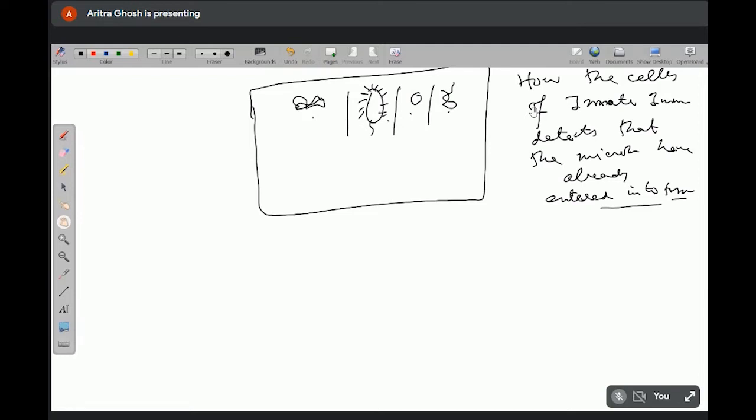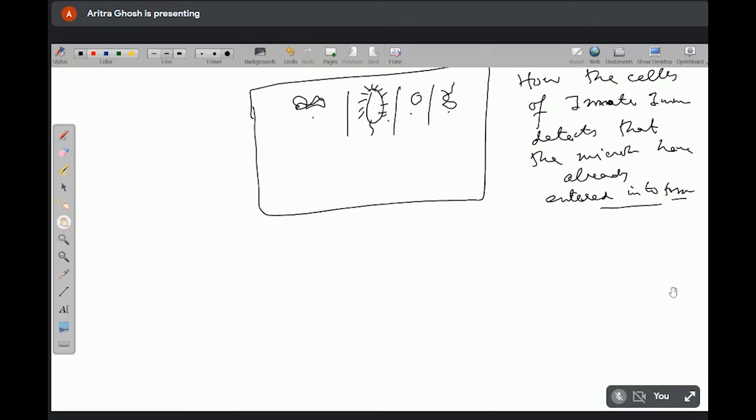Now these spiky molecules are specially named PAMPs. What is this? This is pathogen associated molecular patterns, basically patterns.